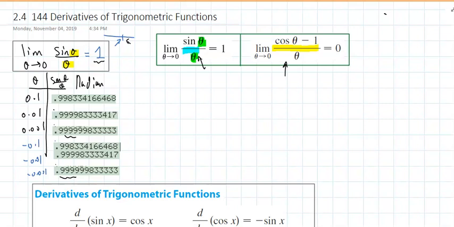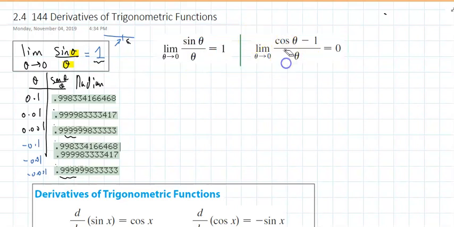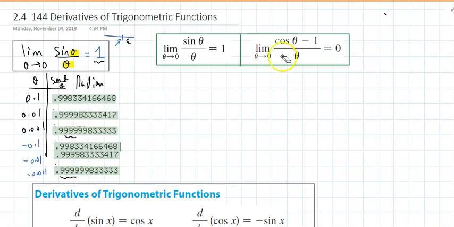If I take the limit as the angle approaches 0 of sine of the angle over the angle, pretty much any time I'm taking the limit and I'm getting the sine of 0 over 0, that's it.